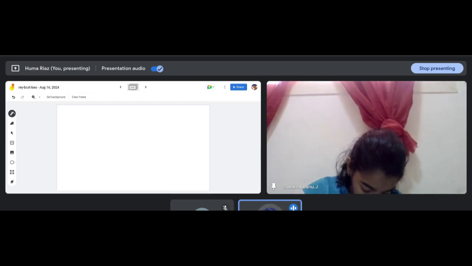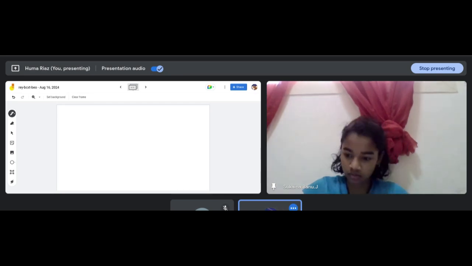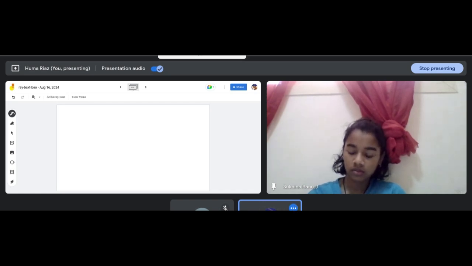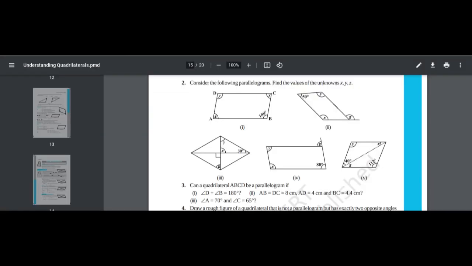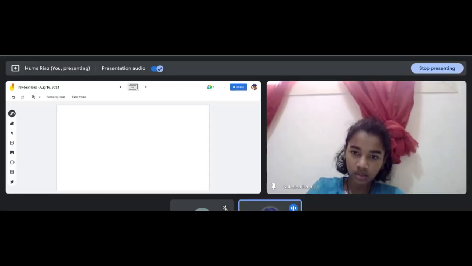If angle D and angle B is 180, the sum of the measure of adjacent angles should be 180, and the opposite angle should also have the same measurement. If angle D plus angle B is 180, then angle C and angle A should be 180. If all the angles sum up, then the total will be 360. Then this quadrilateral can be a parallelogram.